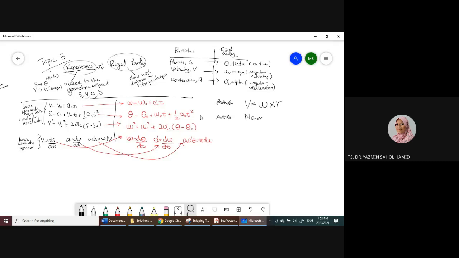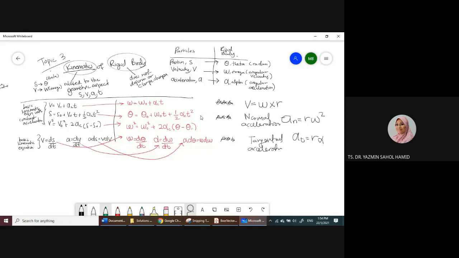Let me just explain the formulas, and when we start doing the questions, you will see how we're going to use them. Normal acceleration is r omega squared, and then one more formula, the tangential acceleration, at equals r alpha.